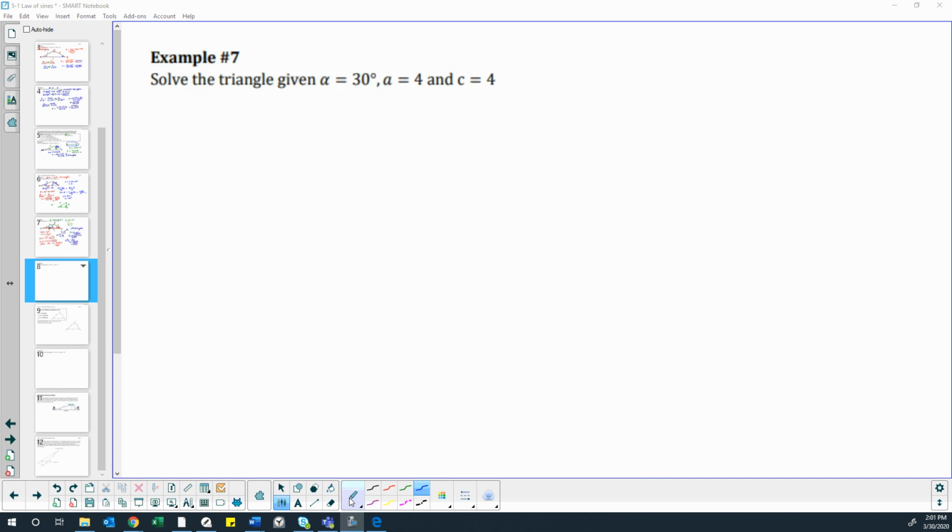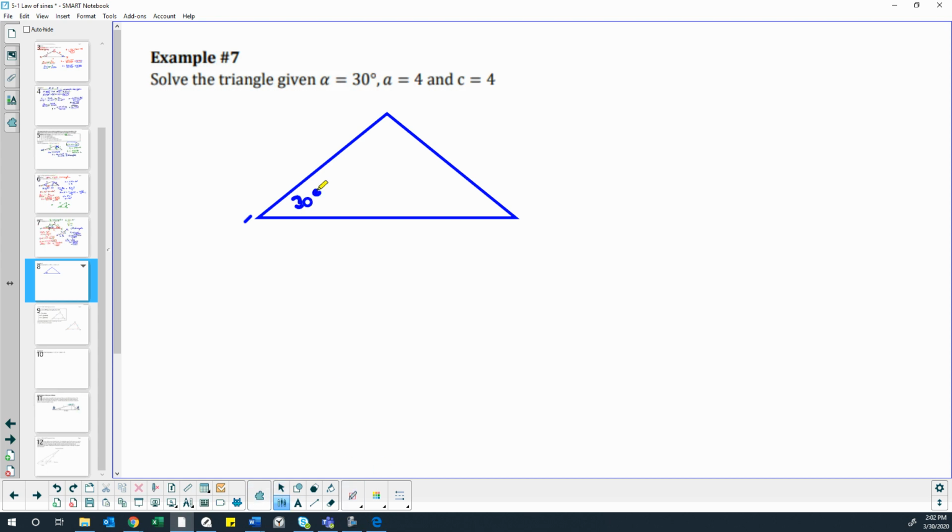Triangle situation with the ones we've been doing? I know it's not exactly the same one, but we've got a 30-degree angle here.